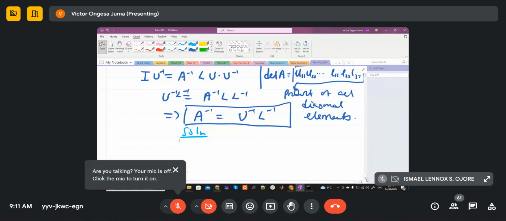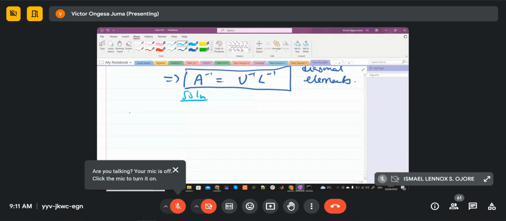So can somebody give us an example matrix? Remember, I'm just starting with L. Which one do you want us to fix?